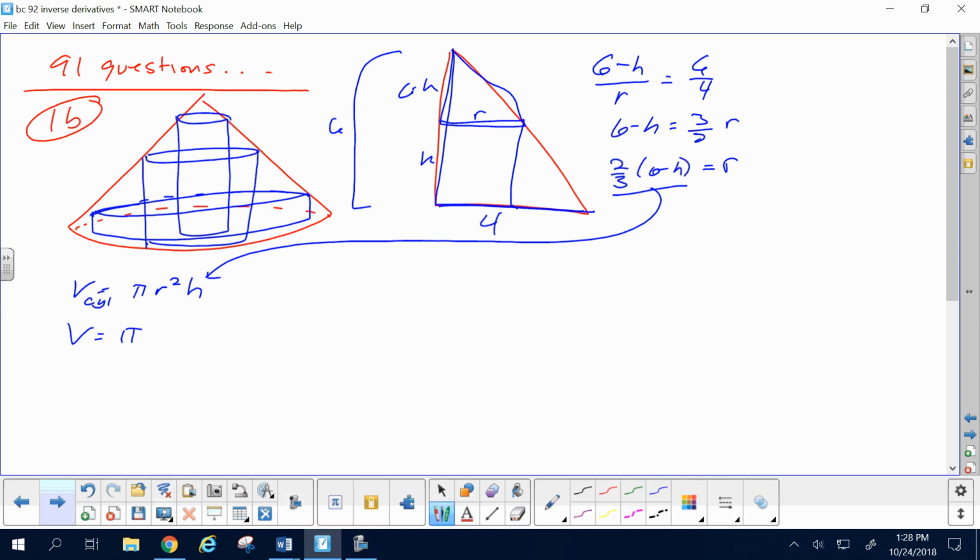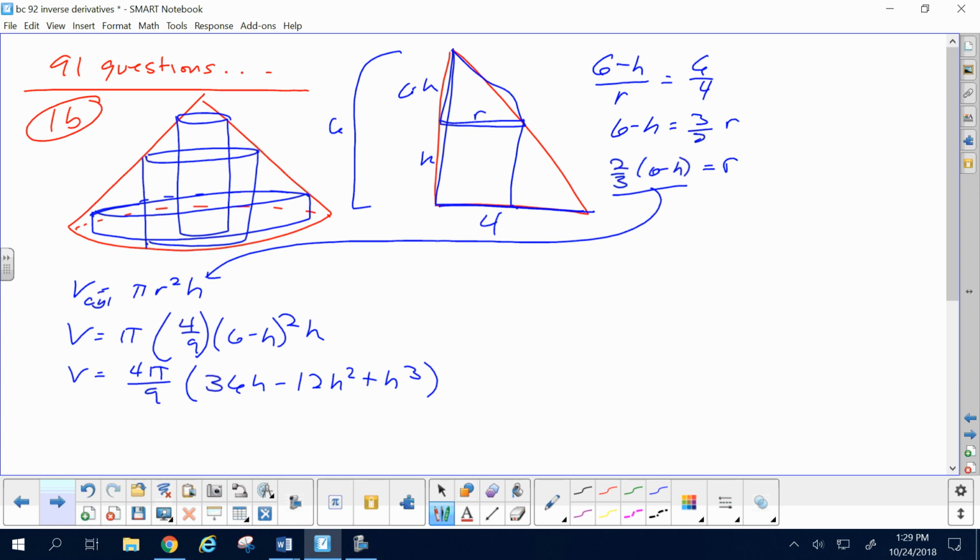In place of r goes 4/9 (6 minus h) quantity squared times h. Then decide, do you want to use the product rule or distribute it out? I'm feeling distribute it out. So this would be 36h minus 12h squared plus h cubed.